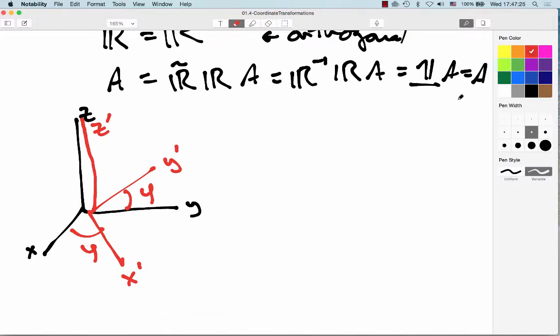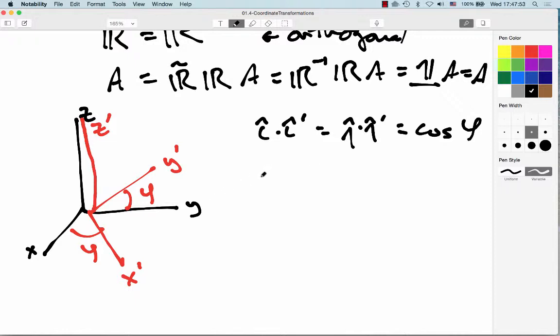Okay, this helps to break things into bite-sized pieces. So for instance, I can observe that i dot i prime will also be equal to j dot j prime. In both cases, this is a measure of how parallel the two vectors are with respect to each other. And so they will both be equal to the cosine of phi.